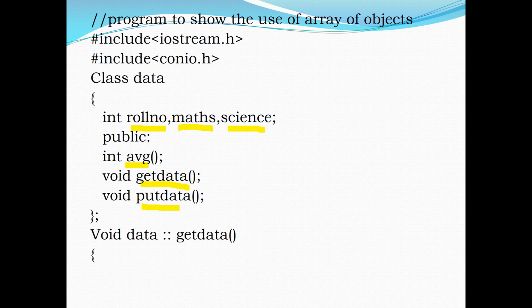The data members are created in the class called data, and the member functions are created outside the class. Here we can see clearly that the class has been closed. Before the calculation part, first we need to get all the information from the student, so I'm going to write the first member function called get data.